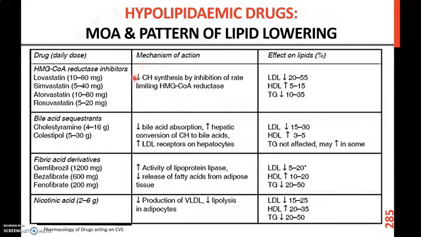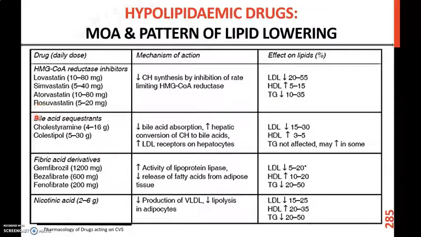They act by inhibiting the rate limiting enzyme HMG-CoA reductase, thereby it will decrease the cholesterol synthesis, and it will decrease 20 to 55% of LDL. It will increase 5 to 15% of HDL, and it will decrease 10 to 35% of triglyceride in our body.